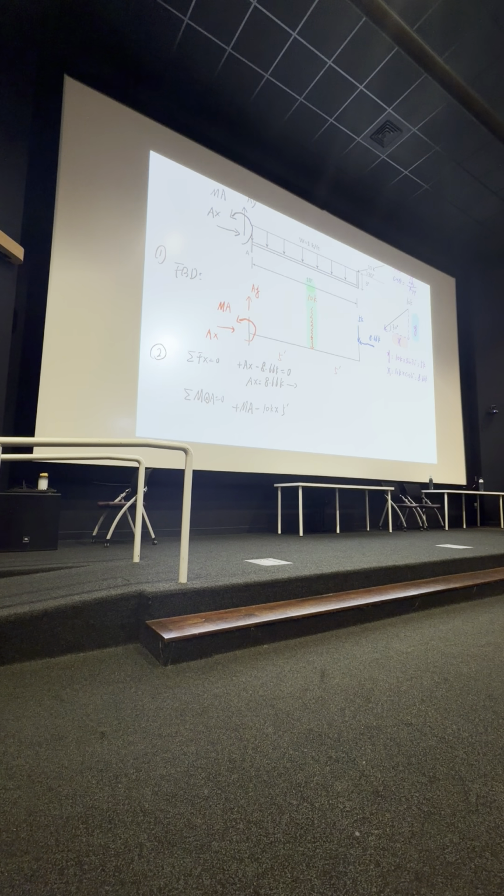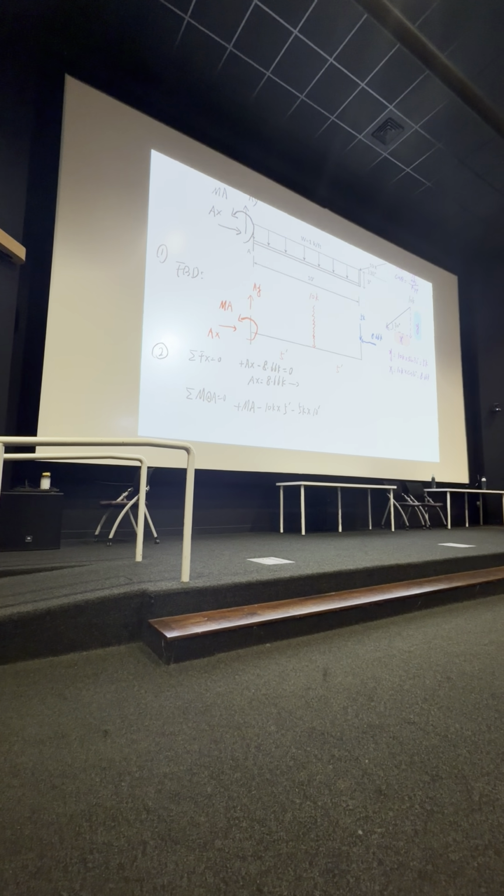And also we need to consider this 5K. This 5K will also contribute moment at point A. And this 5K will rotate in which direction? Yeah, still clockwise. So it's negative 5K multiplied by 10 feet.